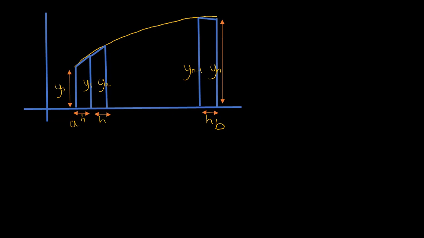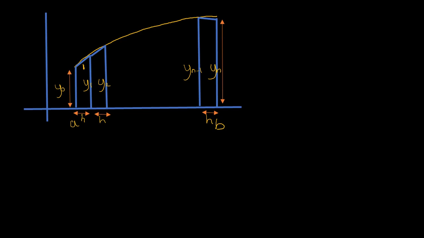So if we were to work out the area under this curve between A and B, we need to effectively work out the area of each one of these trapeziums. So let's look at the first trapezium here.